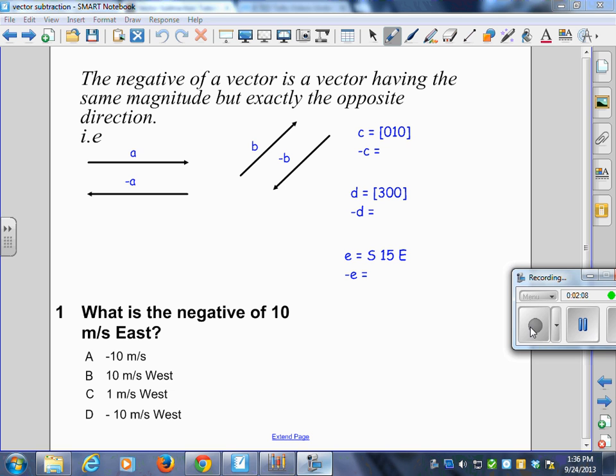That would be 10. So what's minus C then? 190? How did Jason get 190, do you think? Added 180. Exactly. Exact opposite, reverse direction. Minus C would be 190.